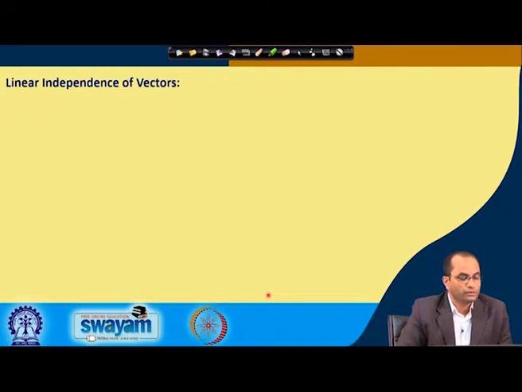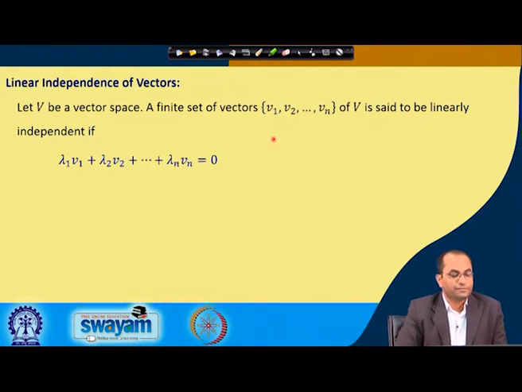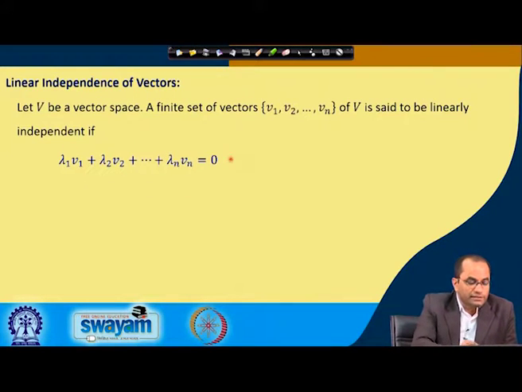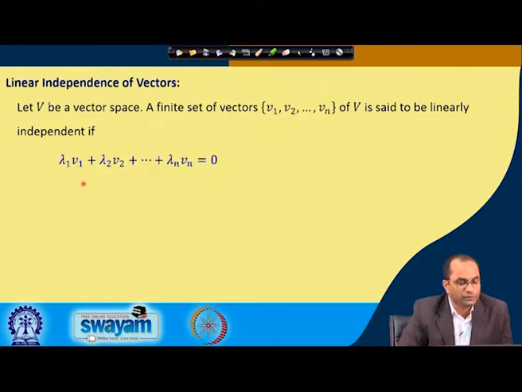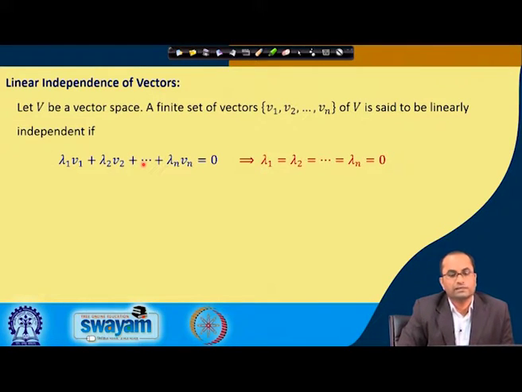Okay, well, now going to the next topic, we will be talking about linear independence of vectors. V is a vector space, and we take a finite set of vectors V1, V2, V3, up to Vn of this vector space V. This set of vectors is said to be linearly independent if the relation lambda 1 V1 plus lambda 2 V2 and so on up to lambda n Vn is equal to 0 implies that this is only possible when all these lambdas are 0.